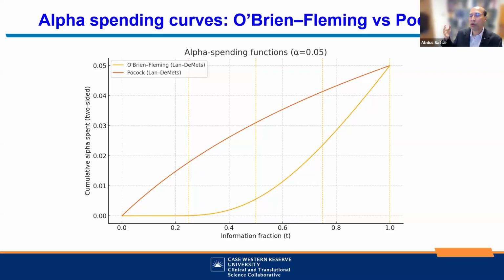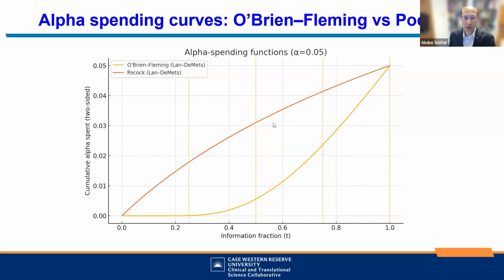If we have multiple endpoints and multiple interim analyses, there is a high risk of inflating the type 1 error. How do we control it? This is a way to control it: cumulative alpha spending means controlling the alpha while we are doing the interim analysis.